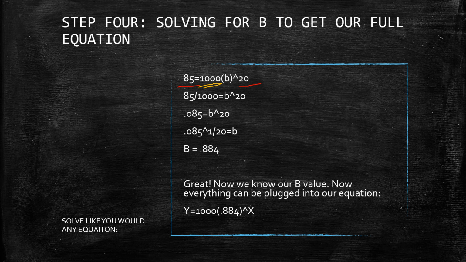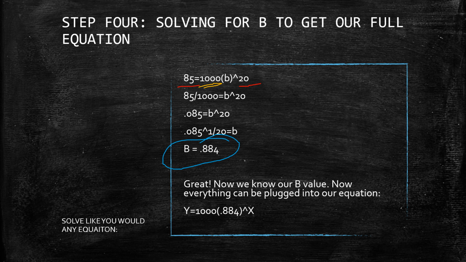So you want to solve this the way that you would solve any equation. You would clearly divide out the 1000 because that's the easiest to get to that side, and then you would want to find the 20th root of 0.085, or you could just put it to the power of 1 over 20, and your final answer should be that b equals 0.884.